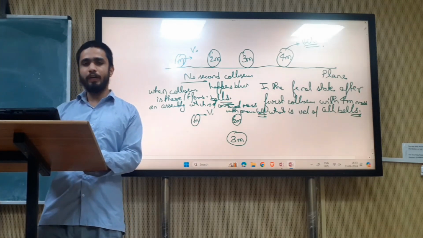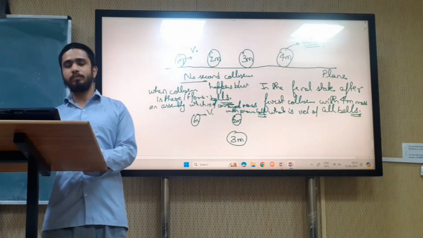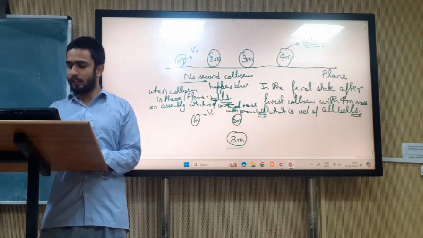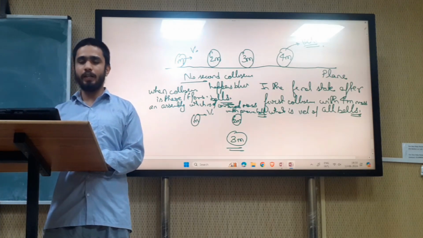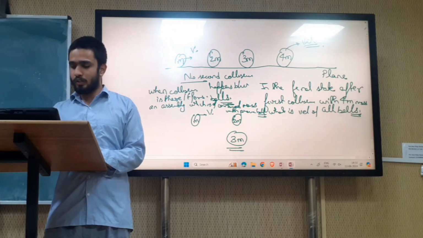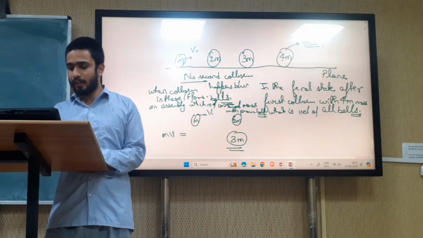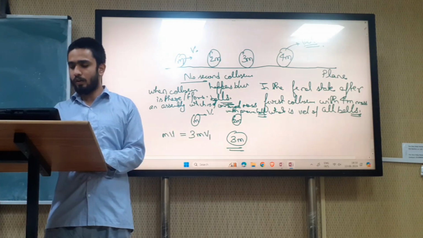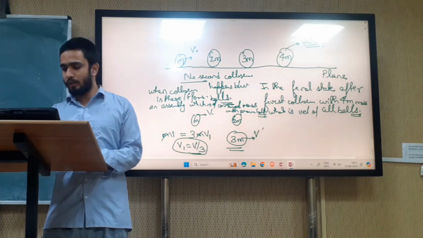So we can easily do the linear momentum balance: initially mv, finally 3m v1. So the value of v1 is v by 3.